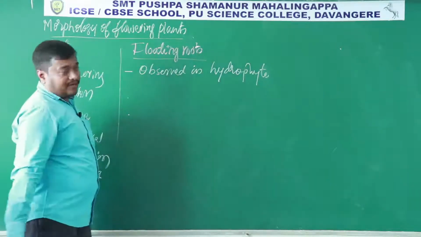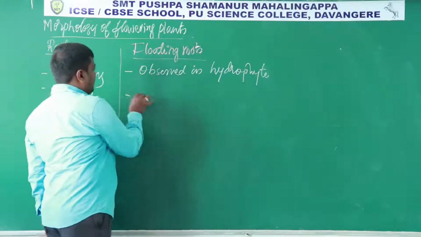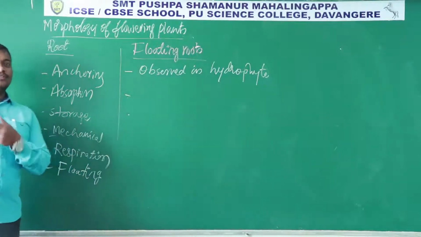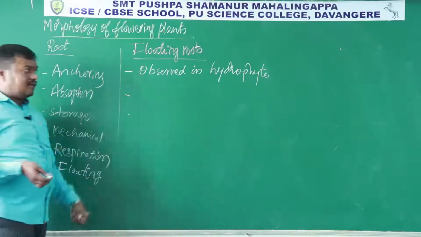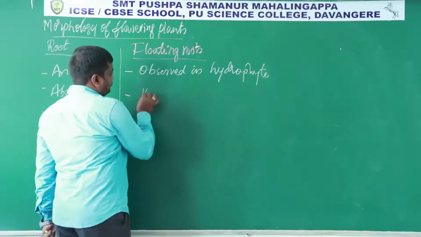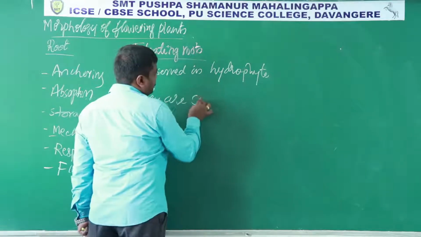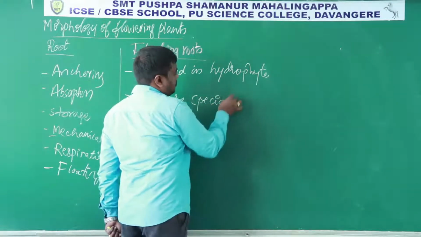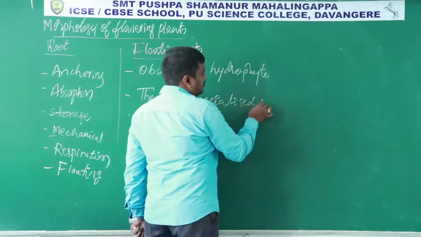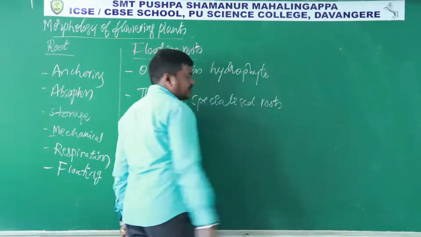Since they grow in water, they need to float on the water, that's why they are observed in hydrophytes. They are specialized roots.